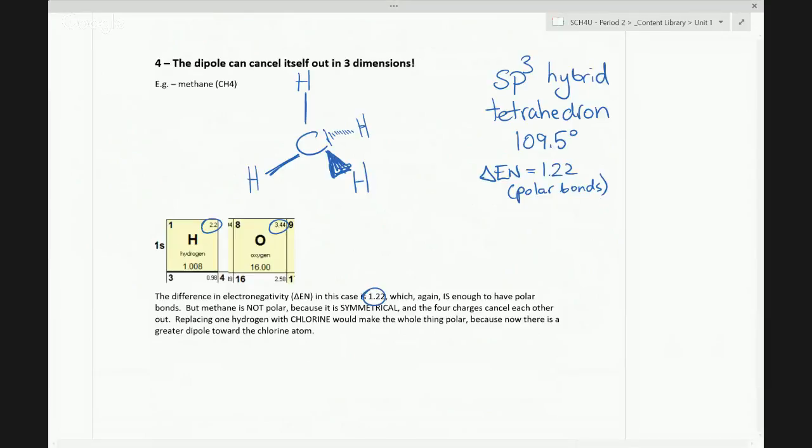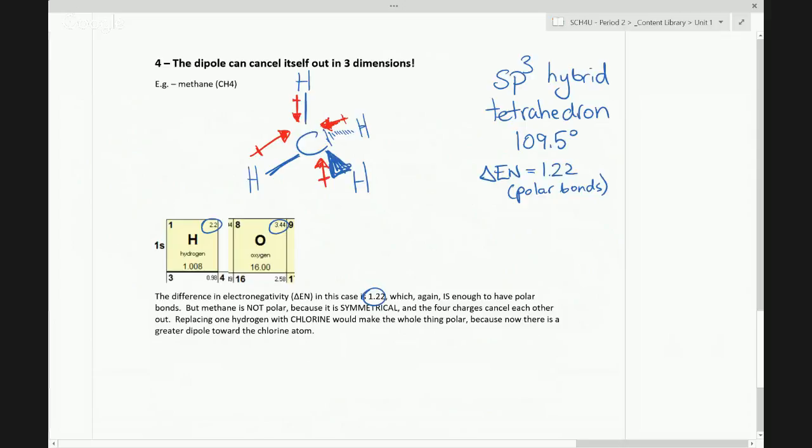All right, and that means that for each one of these bonds, we have to draw a dipole. That means that there's a slight negative, oh, and we need to draw it in the right direction. So that means that there's a slight negative charge here, and that the electrons want to spend the time with the chlorine. There's a negative charge here, and there's a negative charge here, coming right at us. And there's a negative charge here, coming right at the chlorine too.